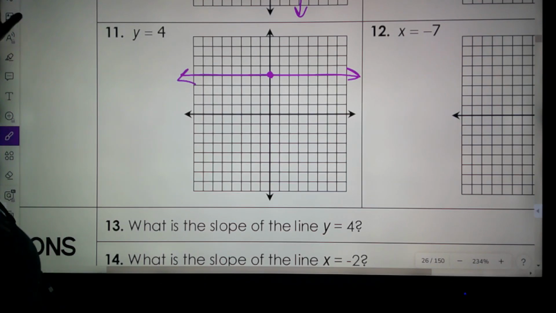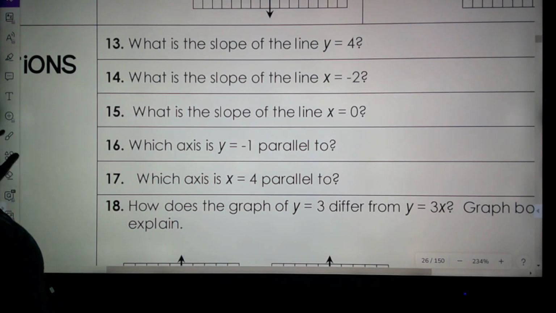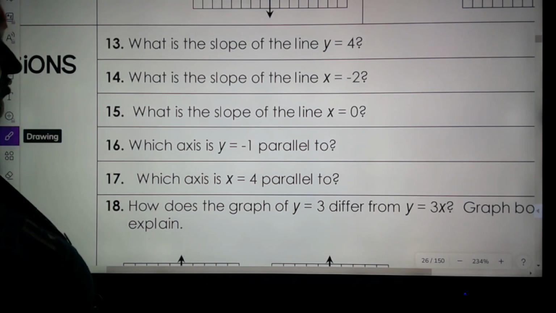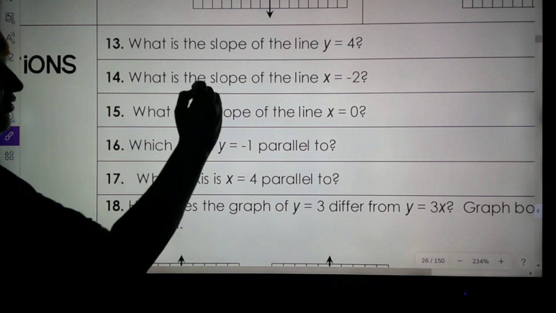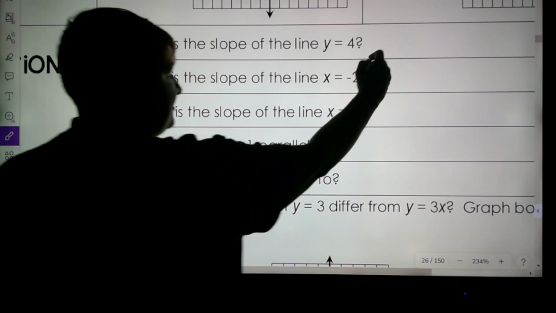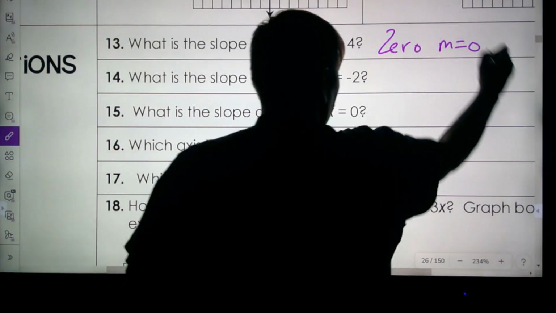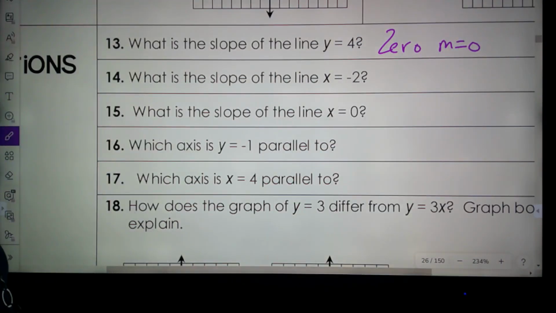A couple of questions. What is the slope of the line y equals 4? If you go up 4, put a point, and draw it parallel to the x-axis, your slope is going to be 0. M equals 0. You have to visualize it. If it helps, draw it, but that takes a lot of time.